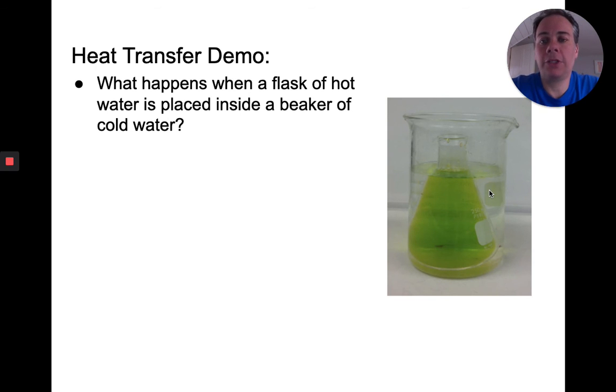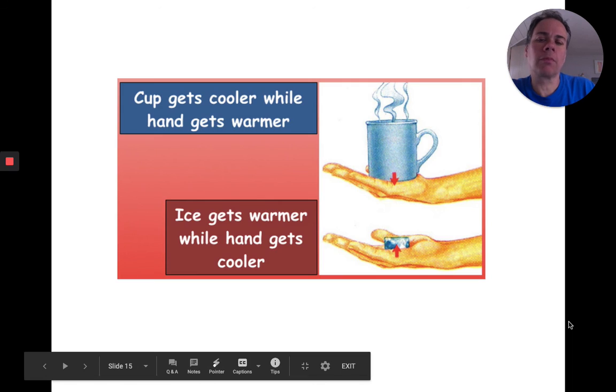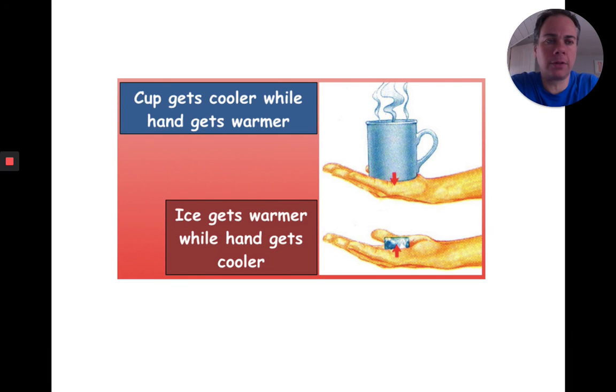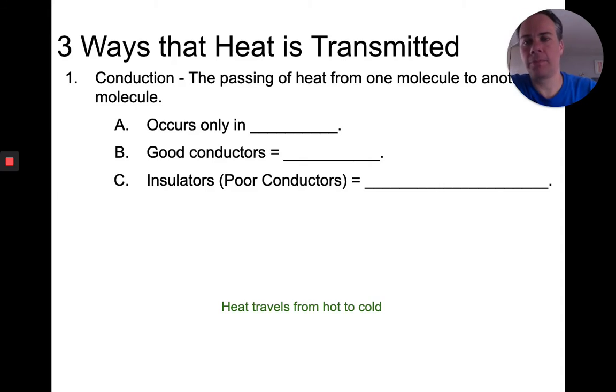Until they reach the same temperature, until they reach what we call equilibrium. And if you hold a cup of hot water in your hand, the heat from that cup is going to go into your hand. Okay? Or if you were to hold an ice cube in your hand, the heat transfer would be the opposite. Your hand is warmer than the ice. Heat from your hand would go into the ice and would eventually cause it to melt.